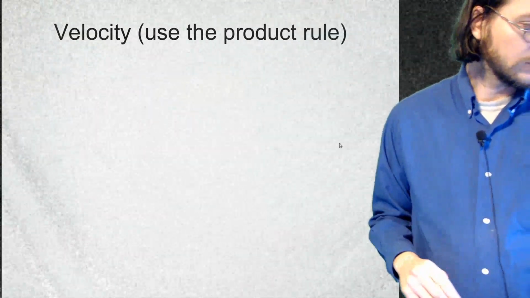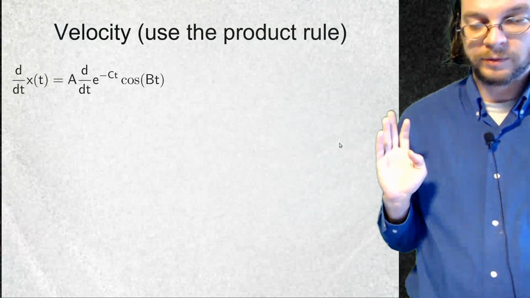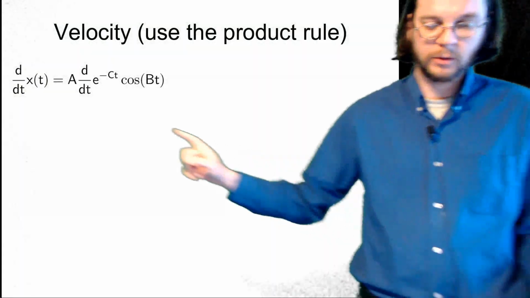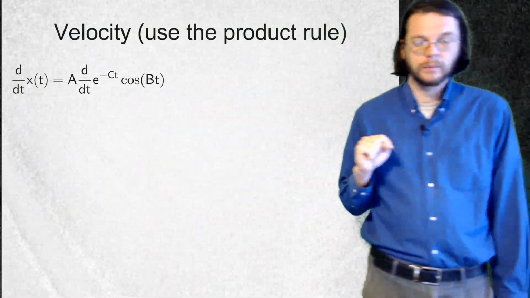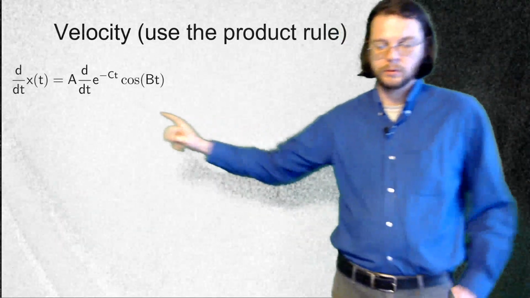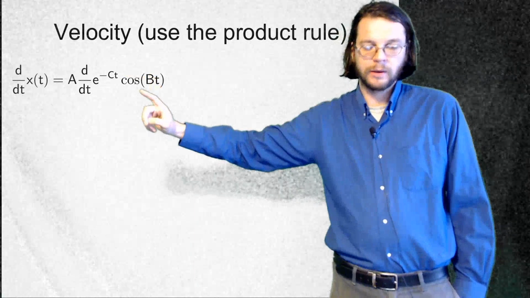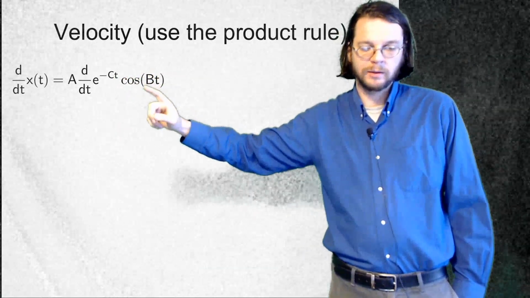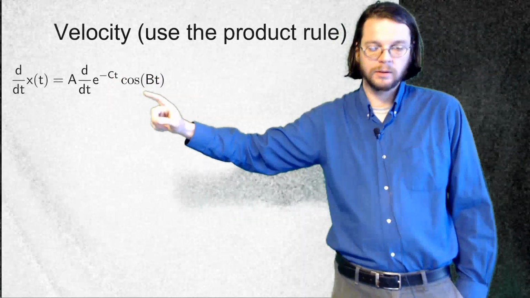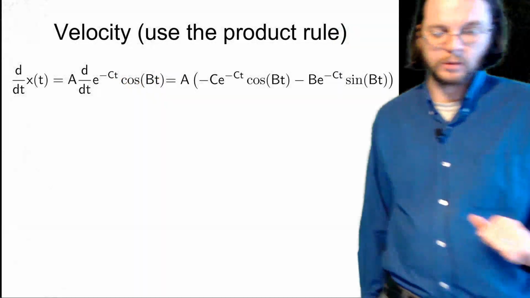Good, all right. Okay, so the velocity. All we've got to do right now is take the derivative of this expression, right? We can use the product rule. The product rule is: the derivative of this thing times not the derivative of that thing, plus not the derivative of this thing times the derivative of that thing. So something like this, right?